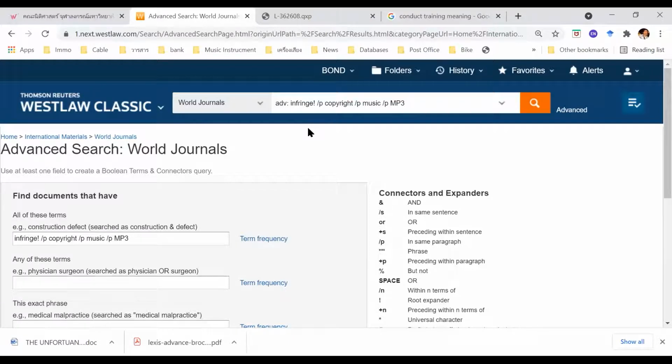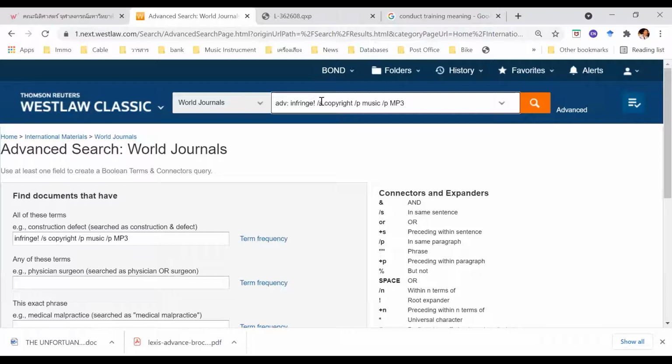So I will narrow down to sentence. You look at that. Same sentence. So the word that I want to manage first, this one, the sentence. So it means influence and copyright have to be found in the same paragraph. And you look at that.